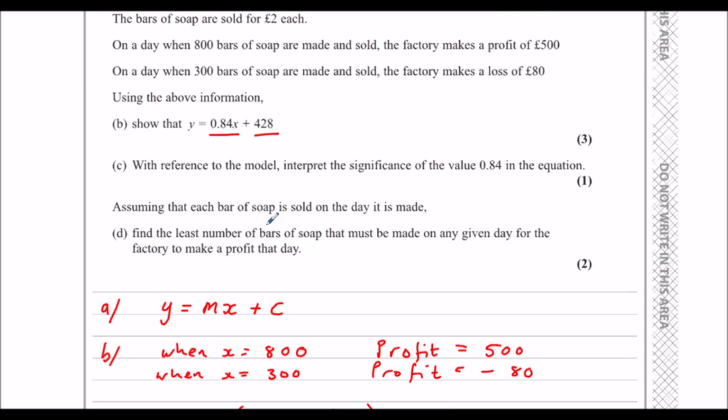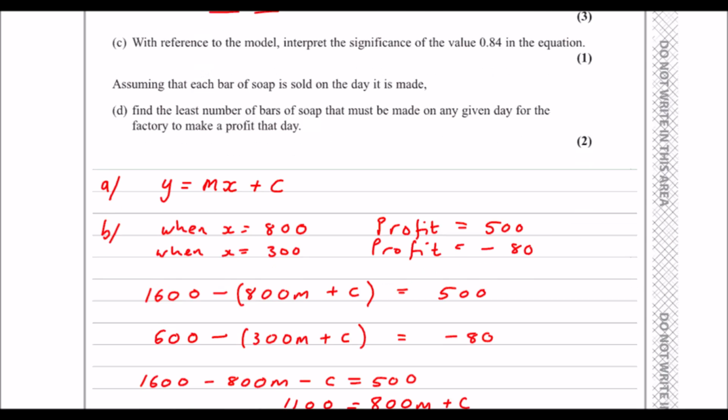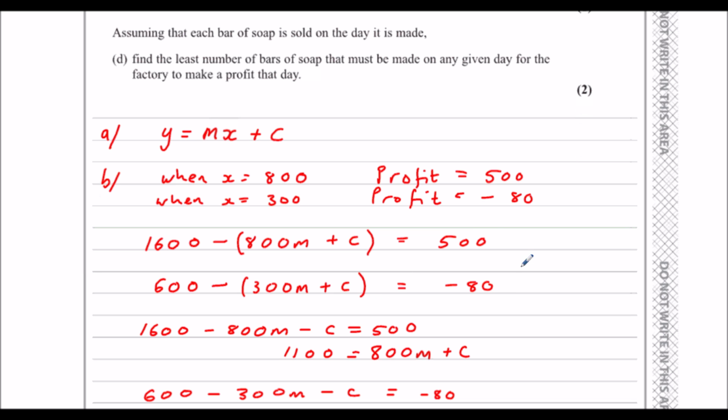Assuming that each bar of soap is sold on the day it's made, find the least number of bars of soap that must be made for the factory to make a profit. So we're back to using this. So it's 2 times the number of bars sold, so 2x.